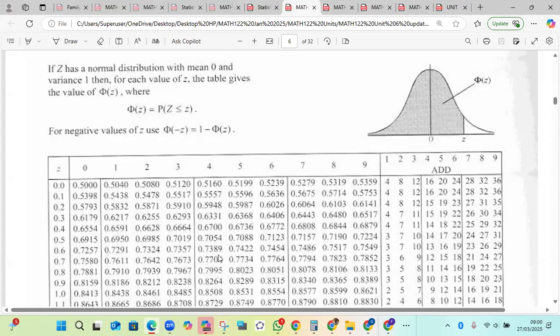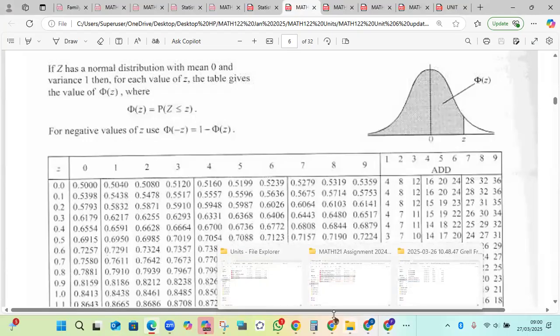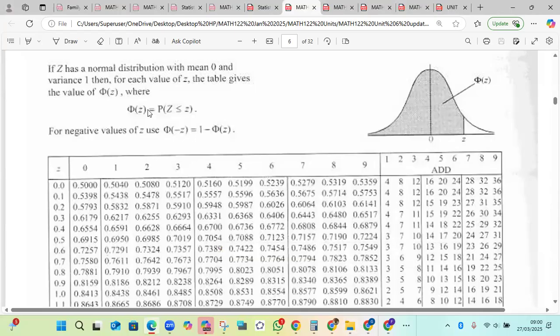All these values are greater than 0.5 because this gives you a big chunk. It gives you a phi of positive z. Phi of positive z is a big chunk. It's not a tail. So here it is. That should help you with question number 7.